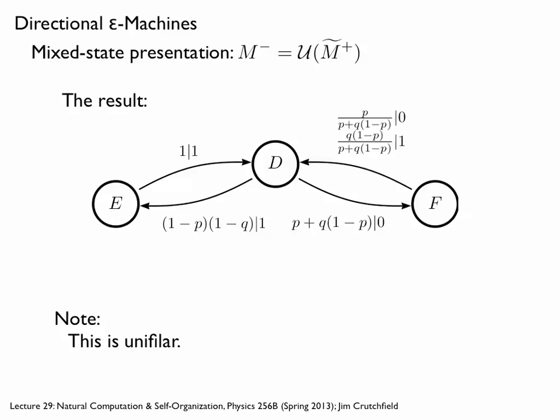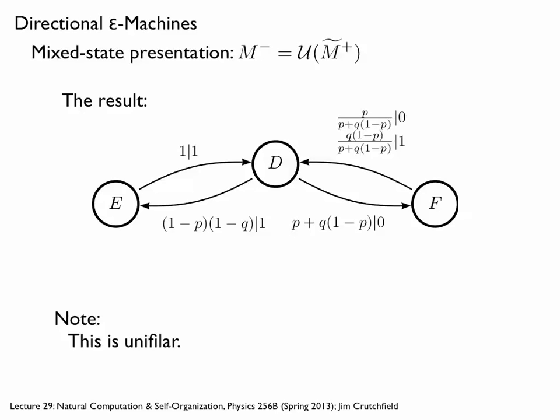So again, carrying everything through in closed form, we end up with three reverse states, but now new transition probabilities. It's similar in structure to the forward process, but different in the particulars in terms of the actual transition probabilities. And if you look at this, we have 0 and 1 leaving here, 0 and 1 leaving here, 1 leaving here.